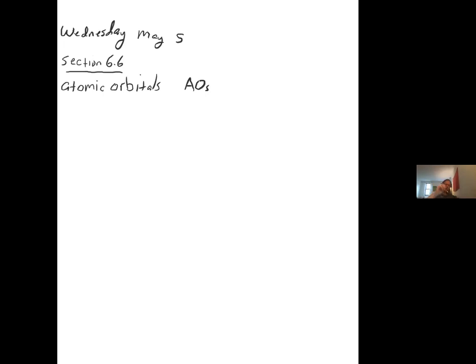An atomic orbital is a probability distribution of an electron around the nucleus. It's a probability distribution.